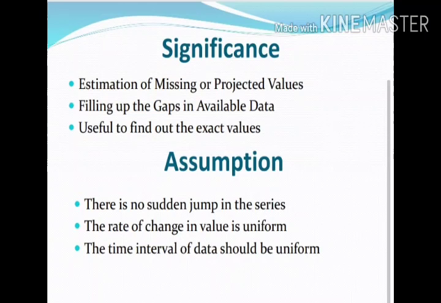So that is uniform. Second, the rate of change in the values is uniform, the same 10 for each and every period. Thirdly, the time interval for which data are available should also be uniform. I'll give you an example related to this in the practical when I am discussing practical problems.